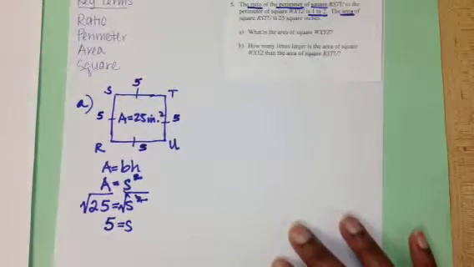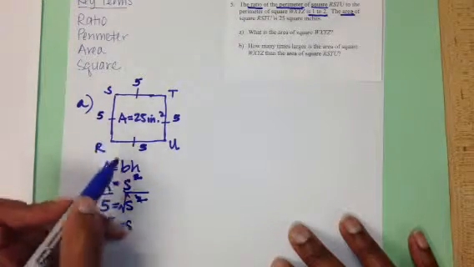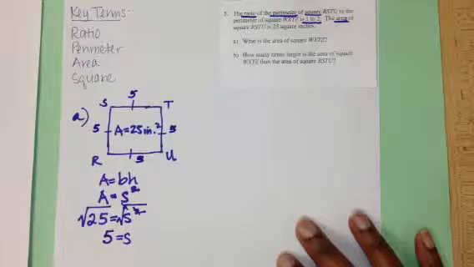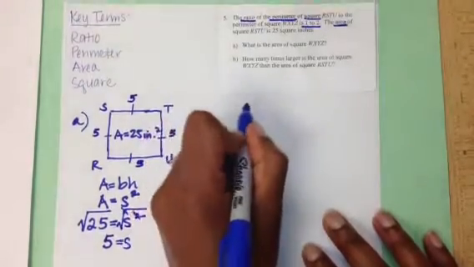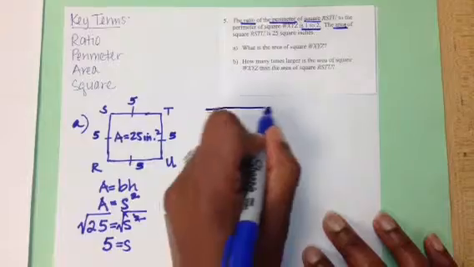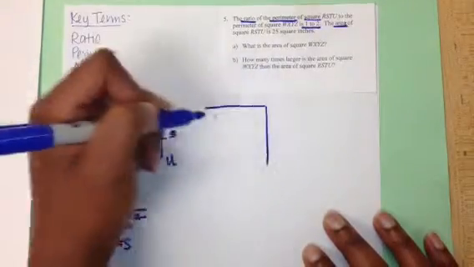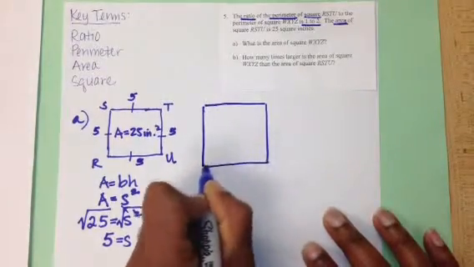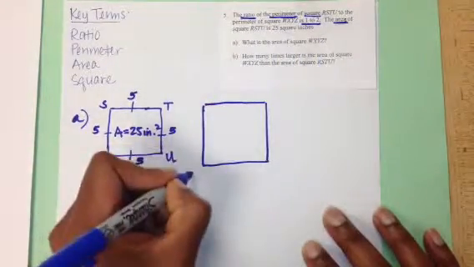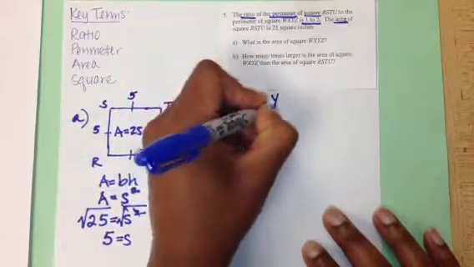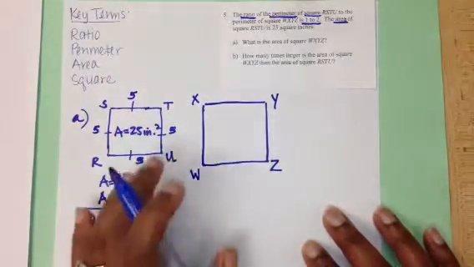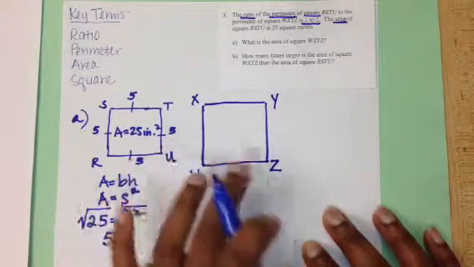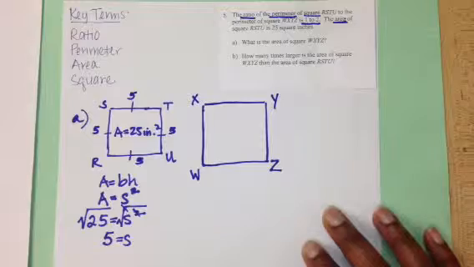Now that I've found the sides of square RSTU, I can use that information to find the sides of WXYZ. I'm going to draw another picture here. Since my ratio states that it's 1 to 2, the sides of WXYZ are going to be twice as big as RSTU.